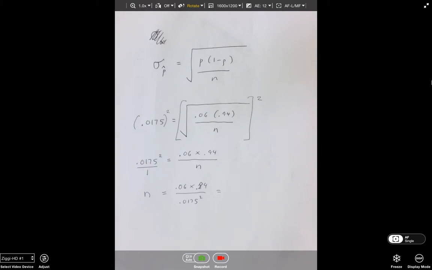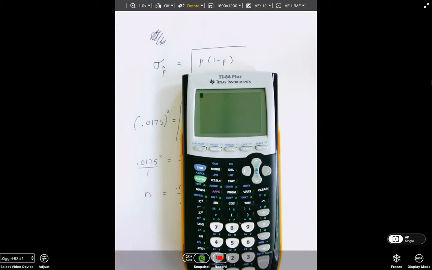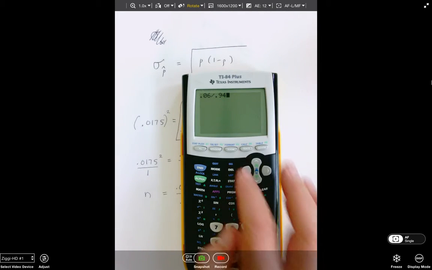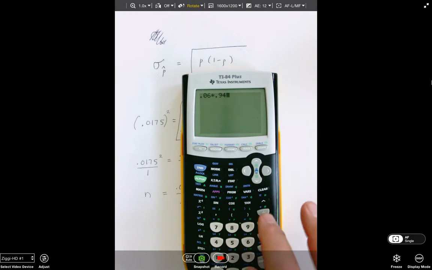And if you can minimize the steps required to work the problem, it's my experience in teaching, as long as I have, that you have a better chance of getting the problem right. So I need 0.06 times 0.94 divided by 0.0175 squared.